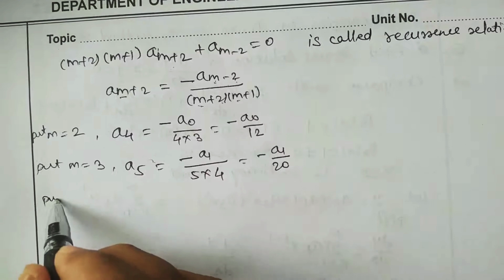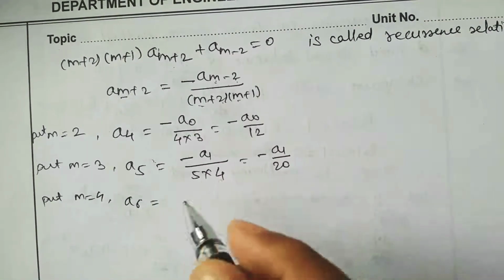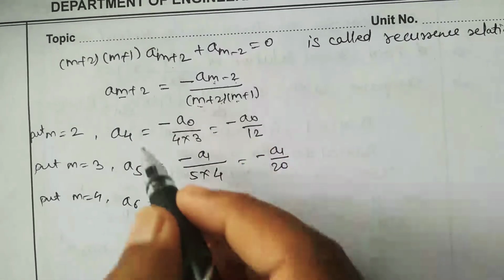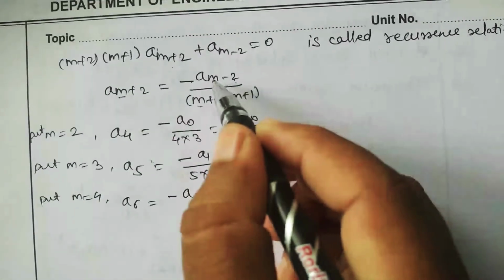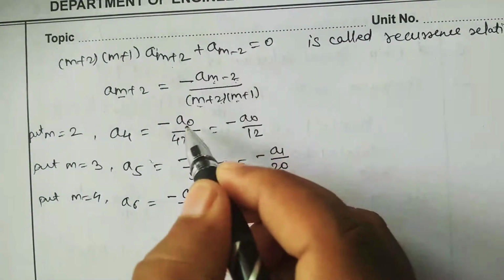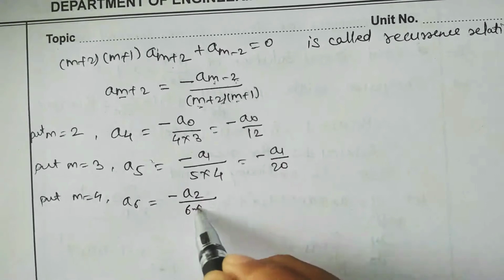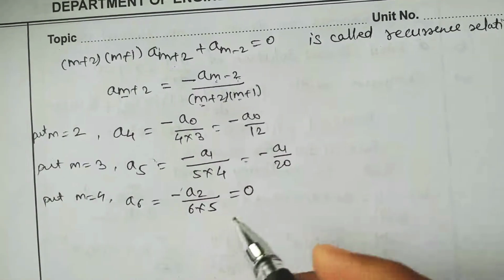Similarly for m = 4 we can calculate a6. It is equal to -a2 / (6 into 5). But we know that the value of a2 is 0, so this becomes 0.